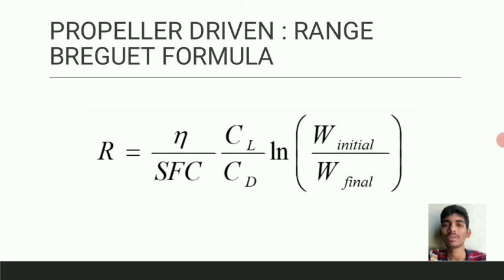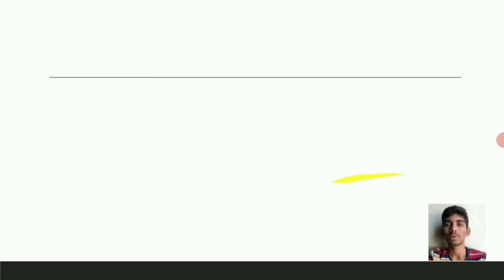C_L is the coefficient of lift and C_D is the coefficient of drag, and in place of C_L by C_D we can substitute L by D, because from the previous classes we understand that C_L by C_D can be written as L by D. Therefore, in the previous slide we wrote that L by D is equal to C_L by C_D, where W initial is the initial weight and W final is the final weight.